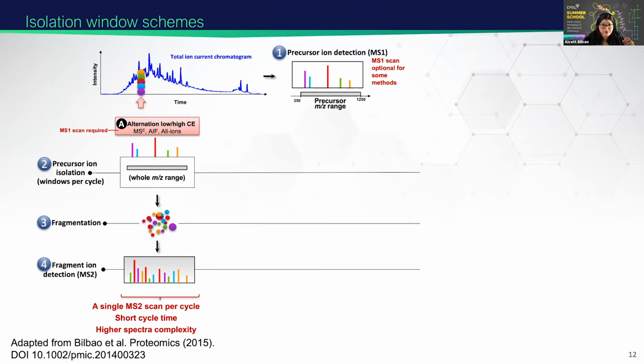There are several ways or schemes to acquire data-independent acquisition spectra. As I mentioned before, the first stage is the precursor isolation.